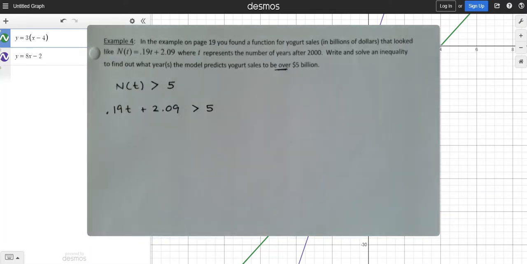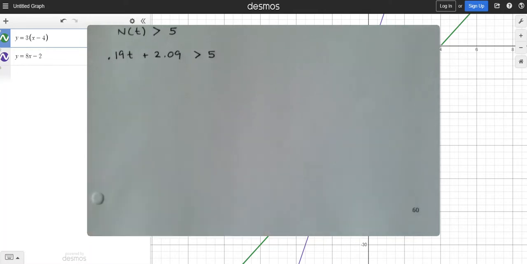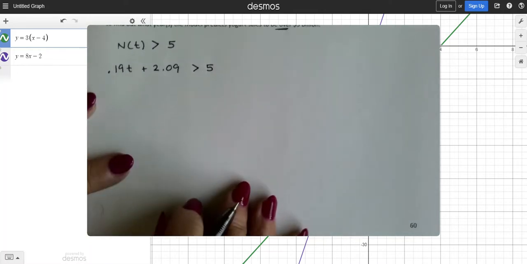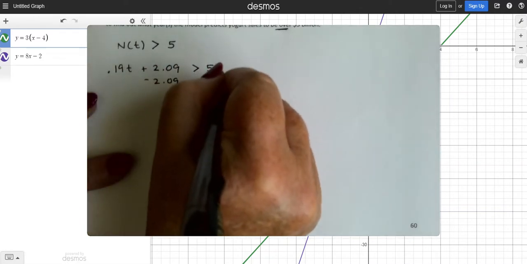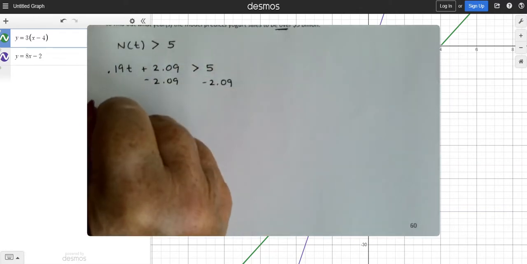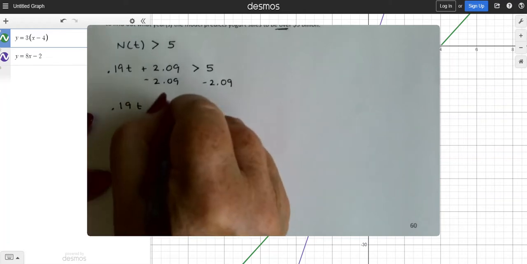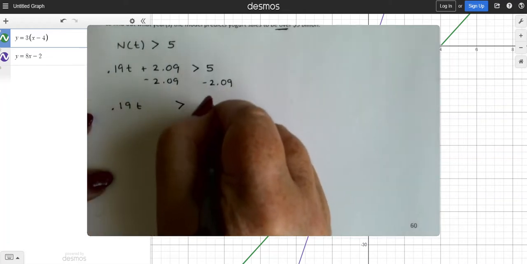All right, let's solve this. I'm going to subtract 2.09. So 0.19t is greater than 2.91.